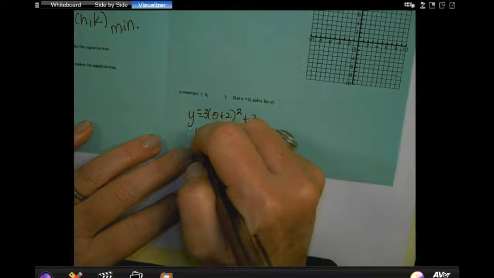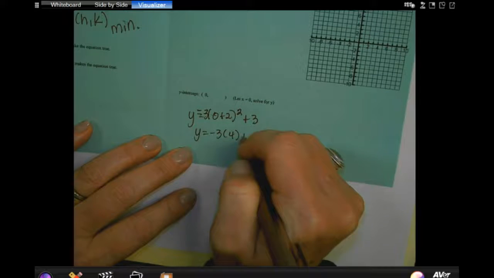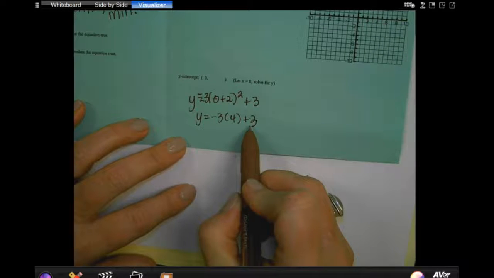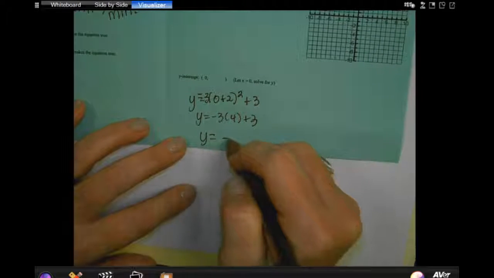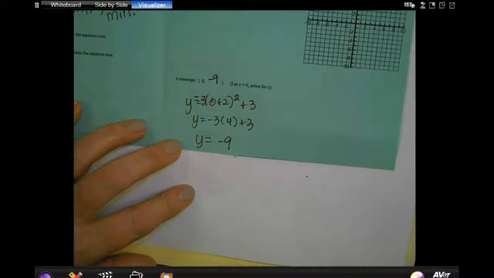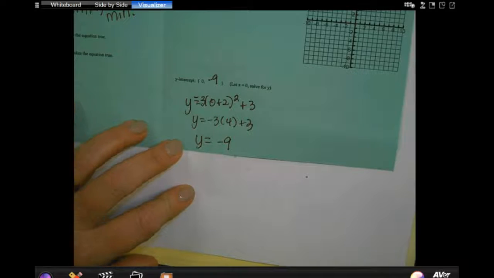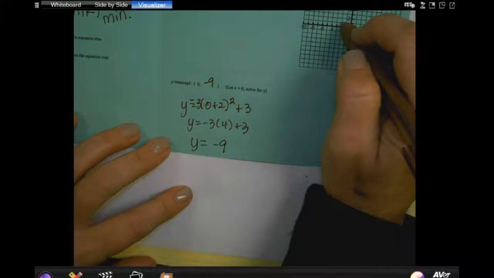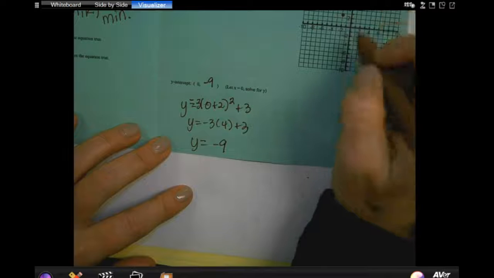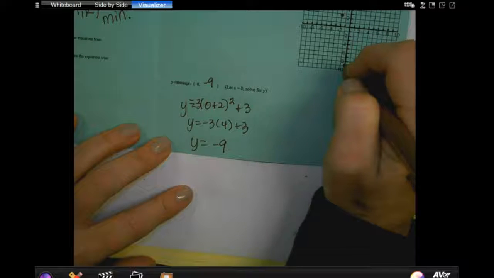So negative 12 plus 3 is going to give me negative 9. So my y-intercept is 0 and negative 9. So on my graph here, I'm going to have negative 2 and positive 3. And my y-intercept is 0, negative 9, so that goes right here.